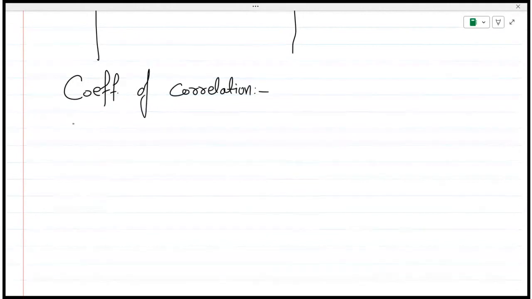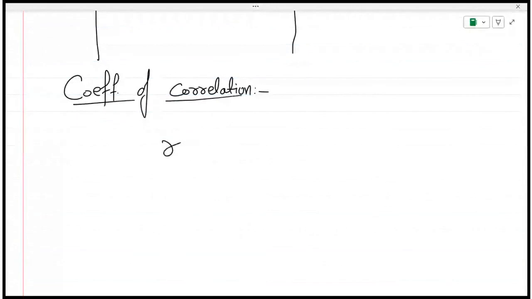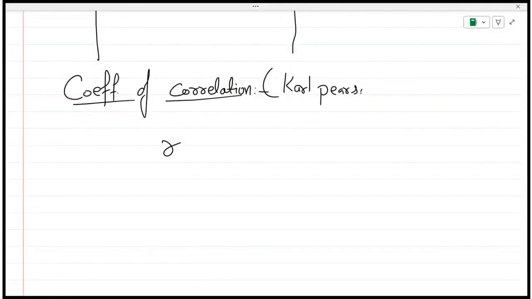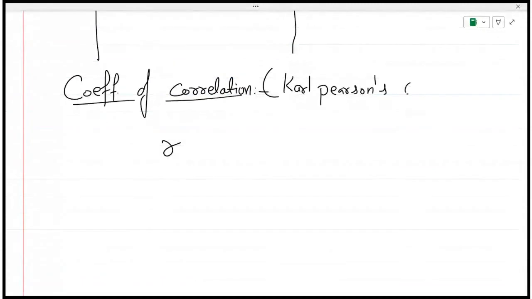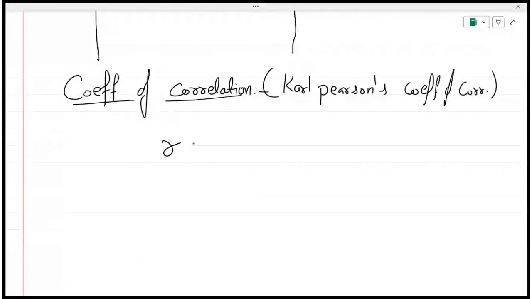We denote it by R. This is also known as Karl Pearson's coefficient of correlation. So what is this R? This R is a measure which tells how strong the relationship between two variables is.